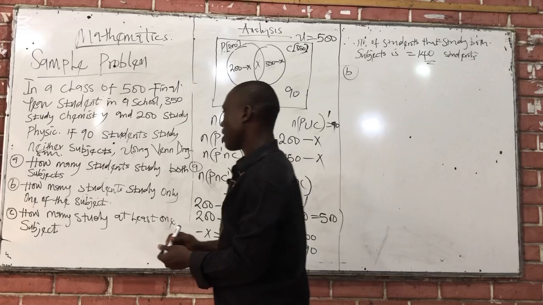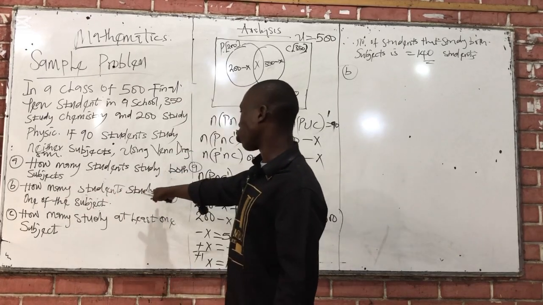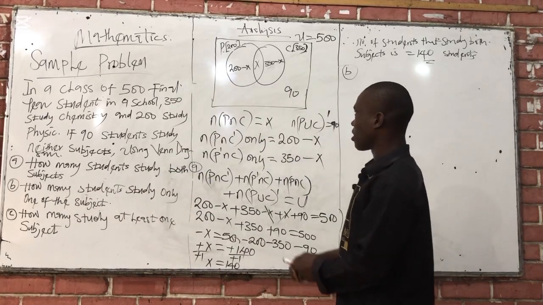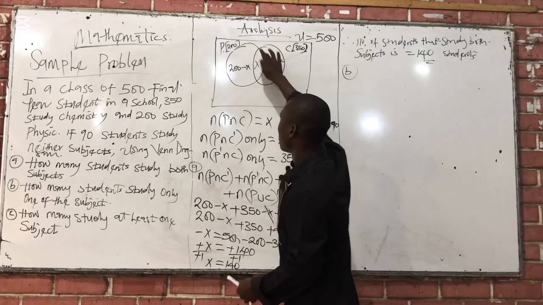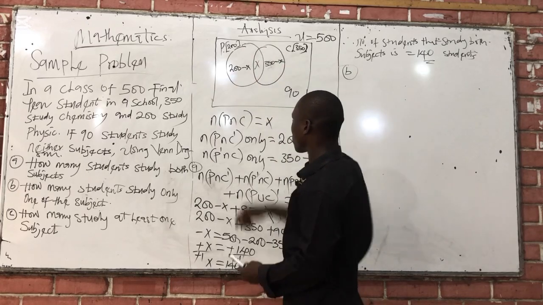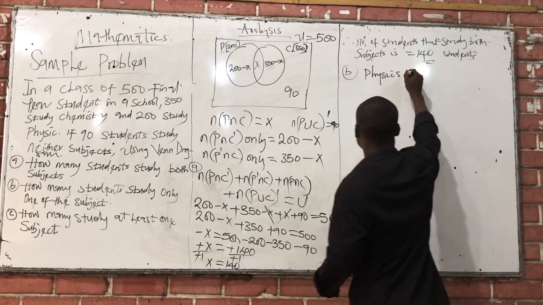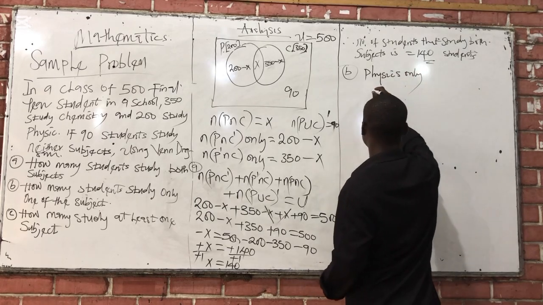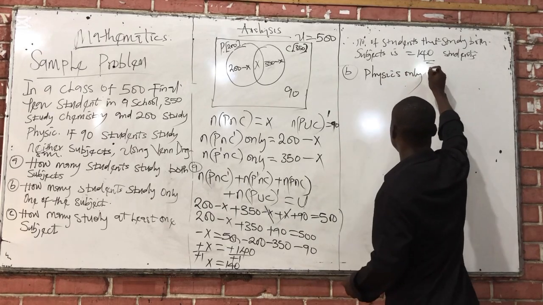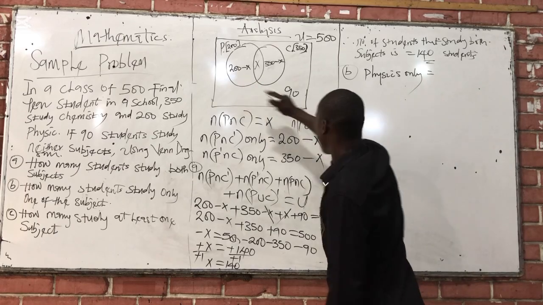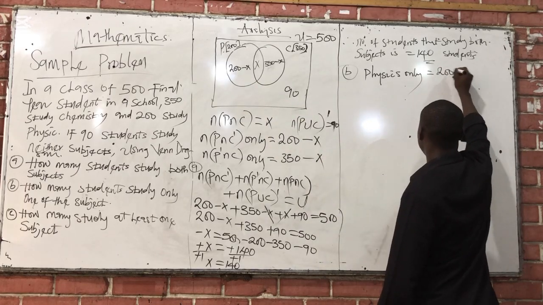So B says, how many students studied only one of the subjects? So now this is the first set and this is the second set. For physics only, we are going to have 200 minus x.